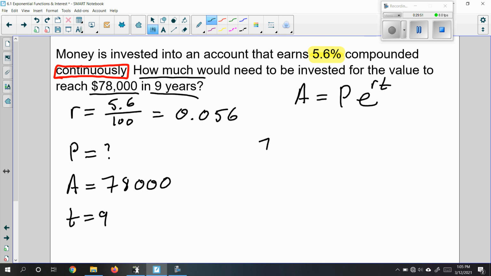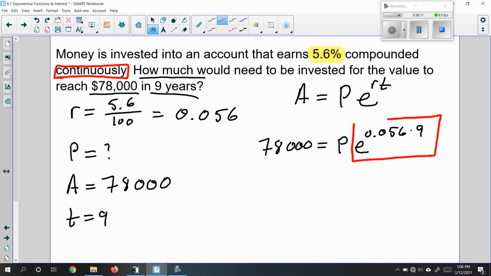So let's plug in the values. A is 78,000. P is unknown. E to the power R, which is 0.056 times T, which is 9. Okay, this whole thing right here, we can just compute in our calculator because E is a number.